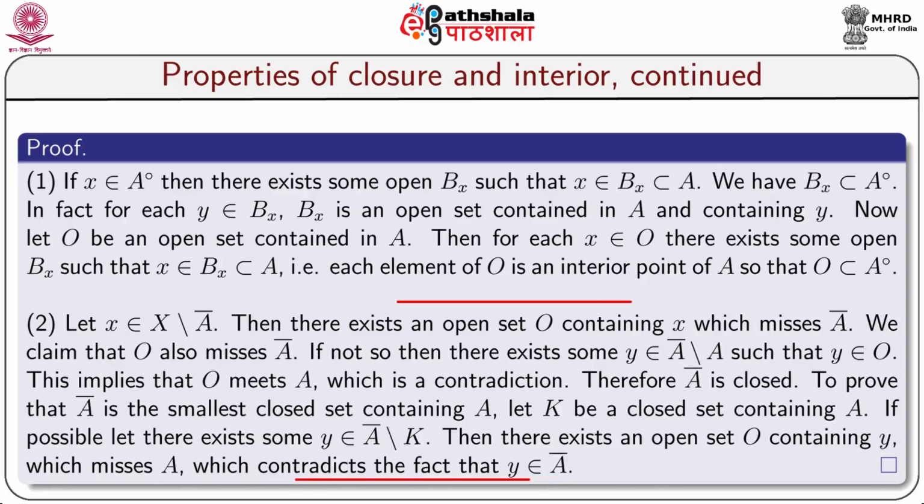Therefore, A bar is closed. To prove that A bar is the smallest closed set containing A, let K be a closed set containing A. If possible, let there exist some y belongs to closure of A minus K. Then there exists an open set O containing y which misses A, which contradicts the fact that y belongs to A bar. This completes the proof of this theorem.